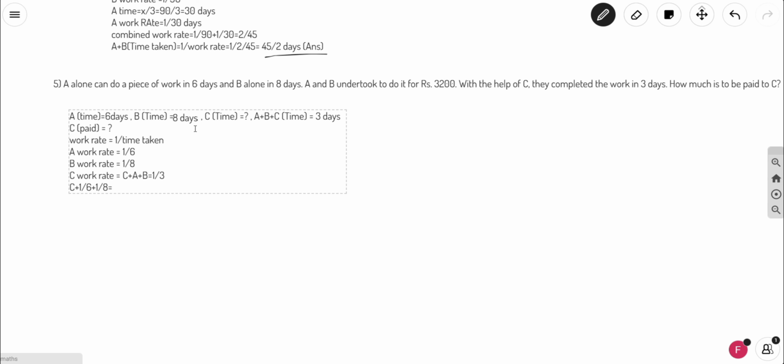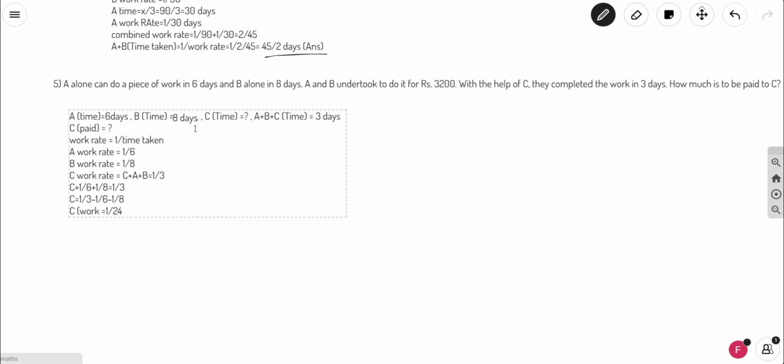C plus A plus B is equal to 1 upon 3. The question says that with the help of C, they completed the work in 3 days. So C plus 1 upon 6 plus 1 upon 8 is equal to 1 upon 3.